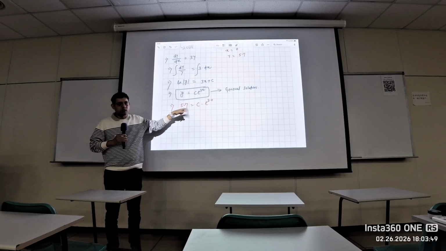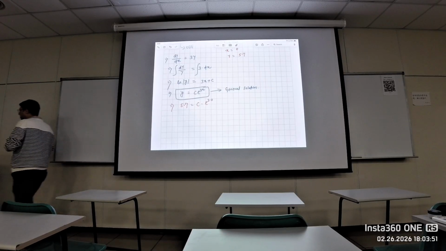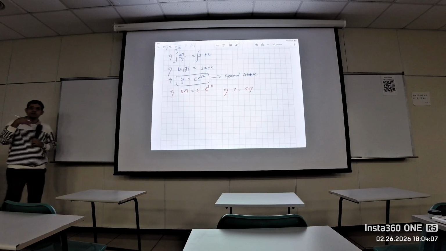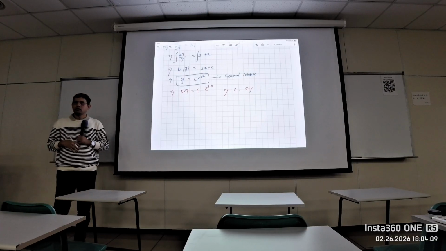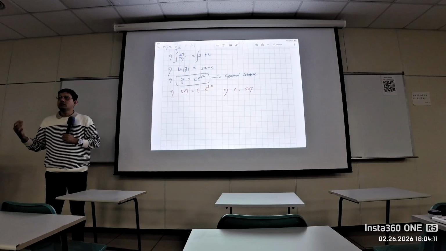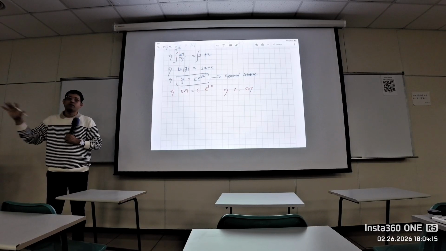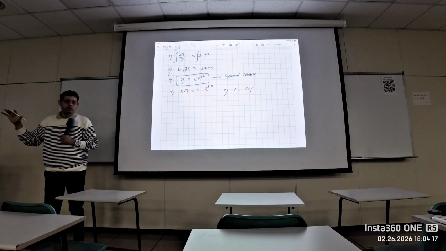Now what will I get? From here, I will get C equal to 5.7. I found the value of the constant. Now I just need to put this constant value in the general solution. That will be my particular solution.